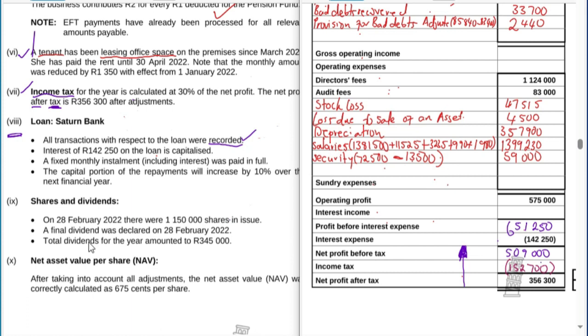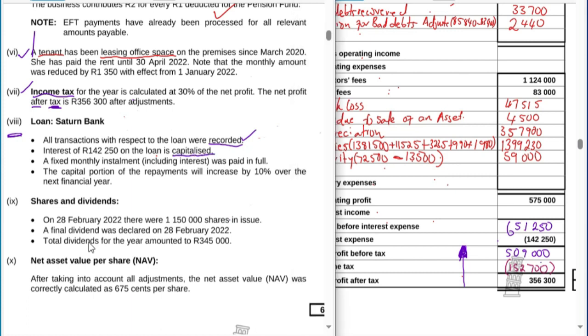The important word is that the loan is capitalized, meaning the payments of the loan will include interest. A fixed monthly installment including interest was paid in full.